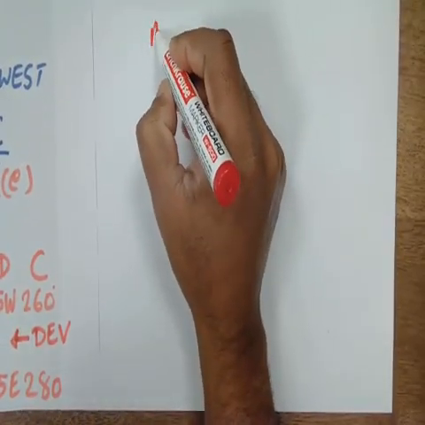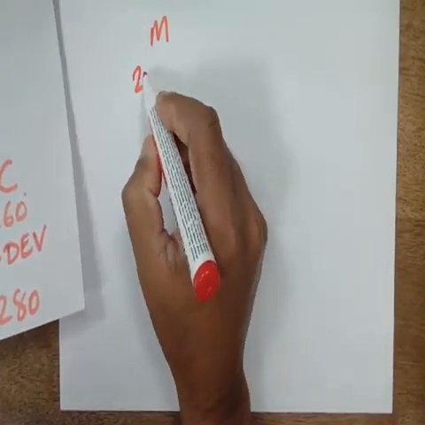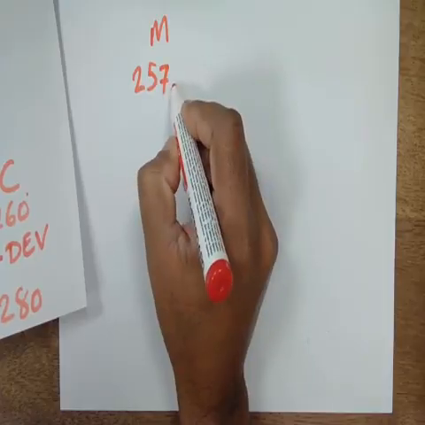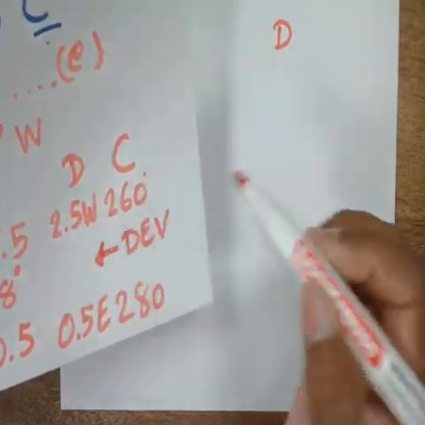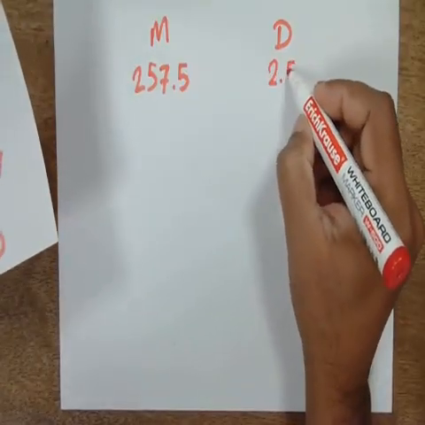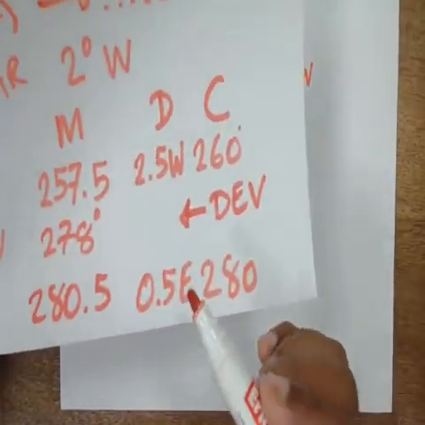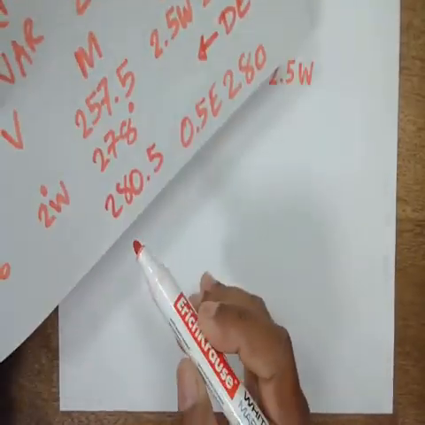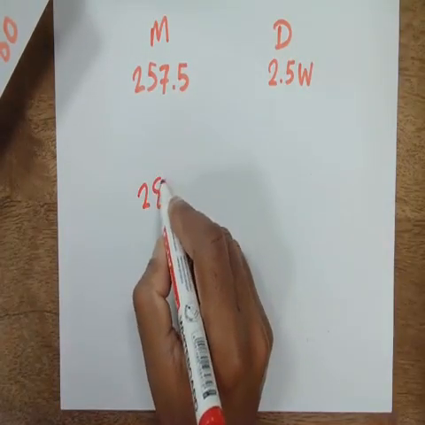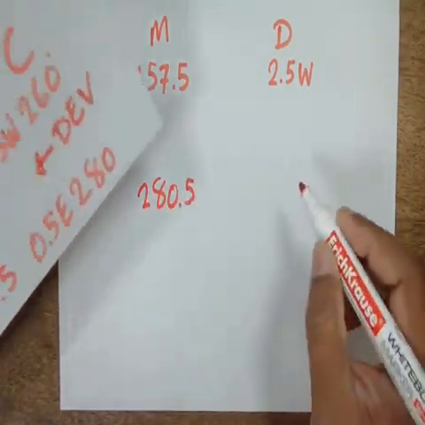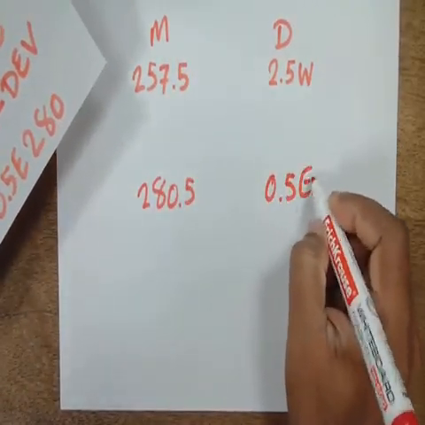The magnetic is 257 decimal 5, and the corresponding deviation is 2.5 degrees west, and the magnetic is 280 decimal 5, and the corresponding deviation is 0.5 east.